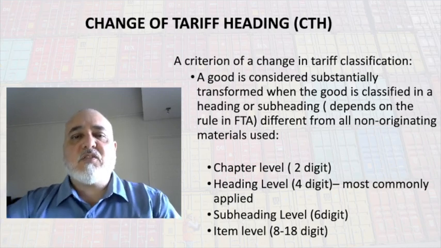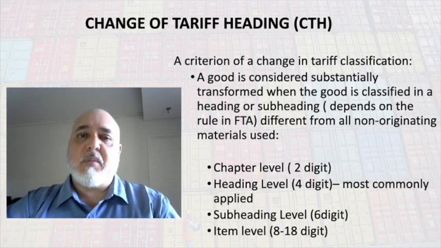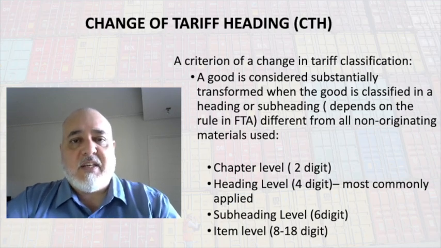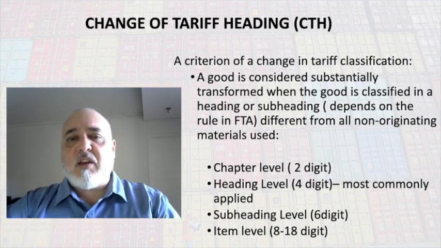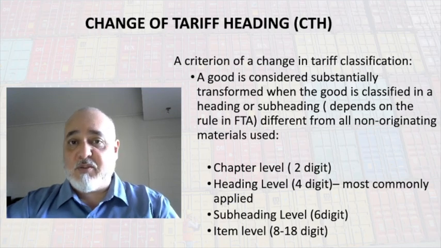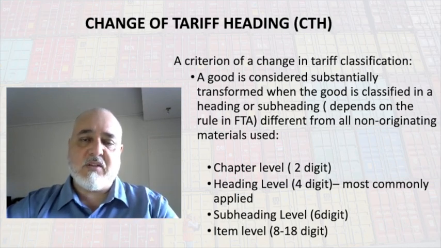So now let's talk a bit more about the first criterion or method used to determine substantial transformation, the change of tariff heading, CTH. A change of tariff heading is a criterion that determines if a good has undergone substantial transformation. The principle behind this criterion is simple.